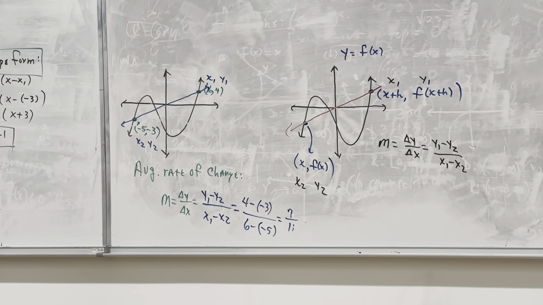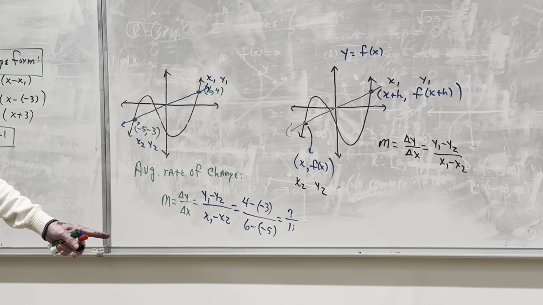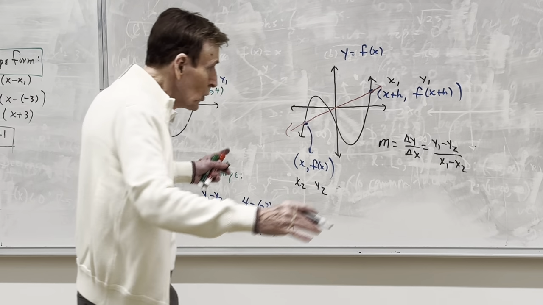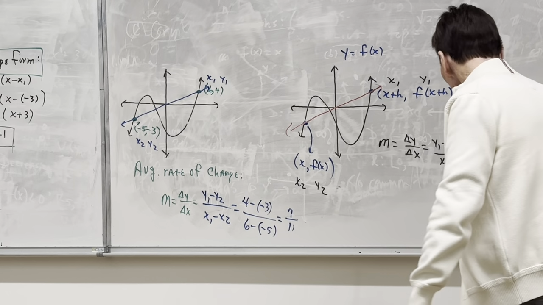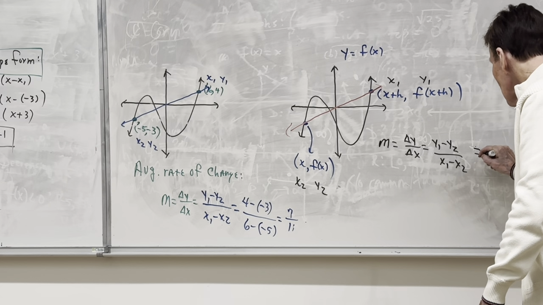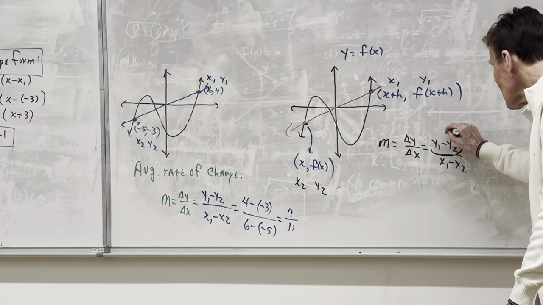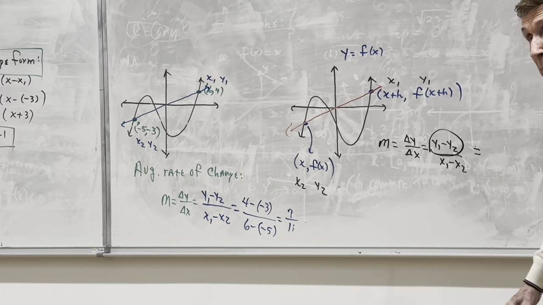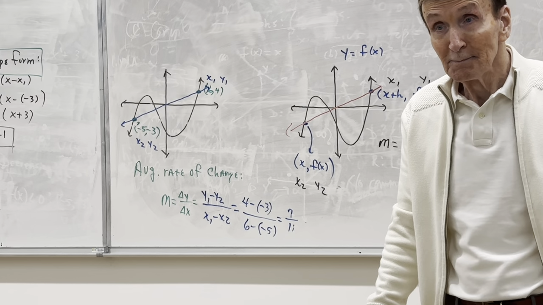Now it's going to look strange, but it's going to give me something I need. I have no numbers to work with like over there, so what would y1 subtract y2, this part of my slope, look like based on the way mine are labeled?